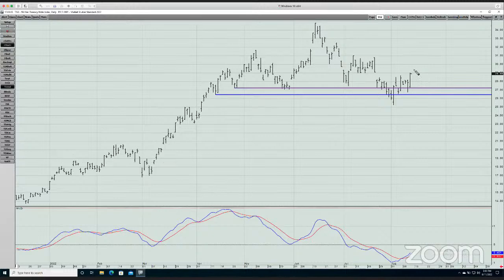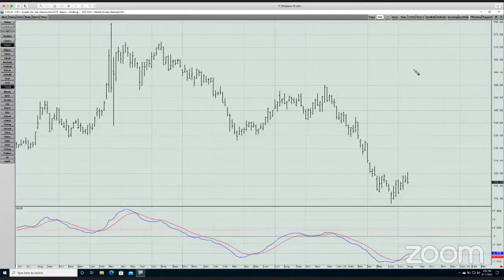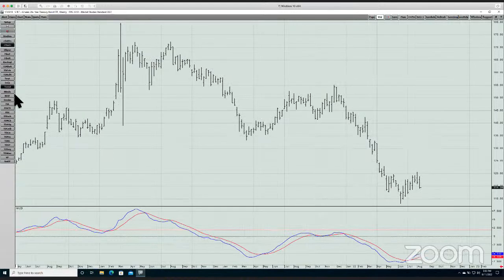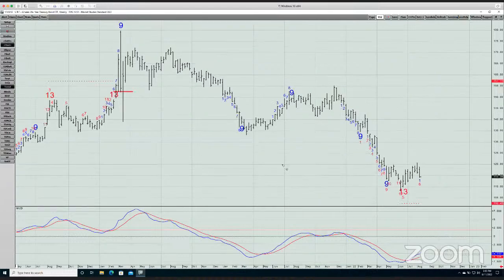Also, when we looked at the TLT chart itself, we had bought some stuff down here, by the way. Take a look. I think it was sequential. Yep. So look at this down move that we can identify has exhausted itself in real time.